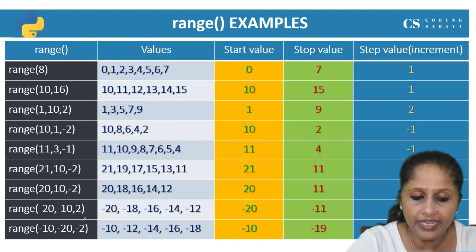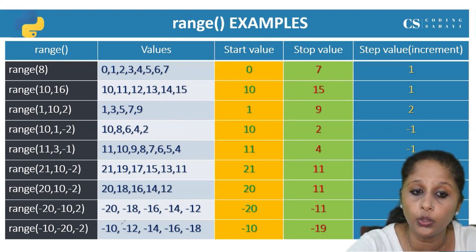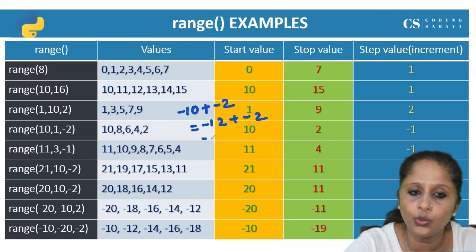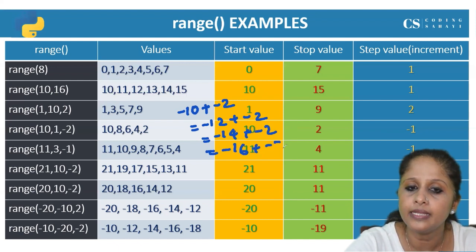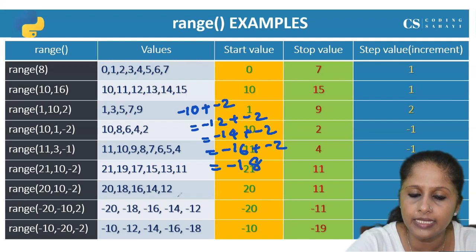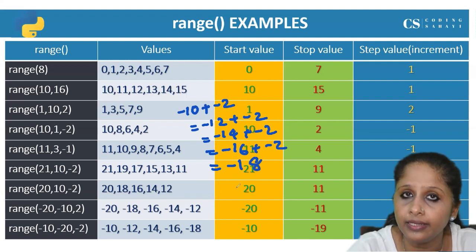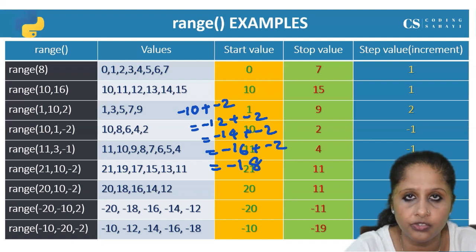Okay, here we have step value minus 2. So it is going to print minus 10 plus minus 2. It is minus 12 plus minus 2. It is minus 14 plus minus 2. It is minus 16 plus minus 2. Here minus 18. Then you have minus 18 plus minus 2. It is minus 20, but that is not in this range.